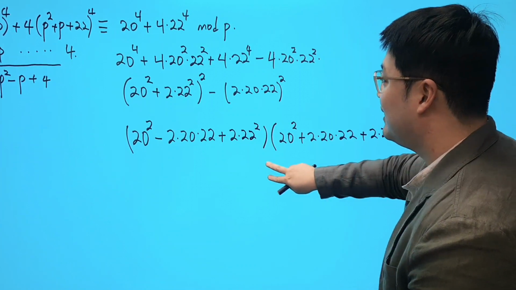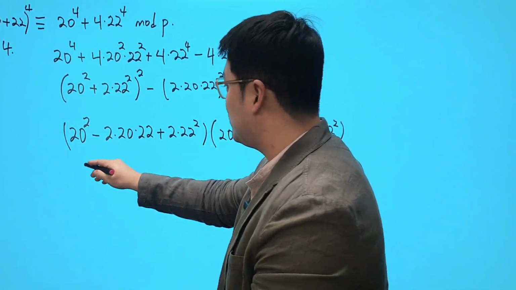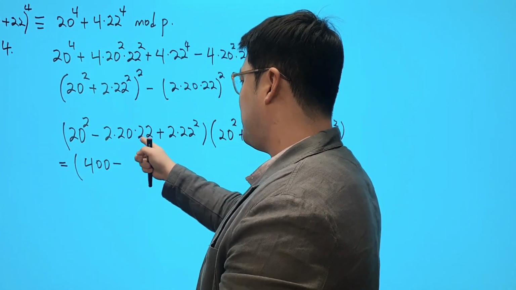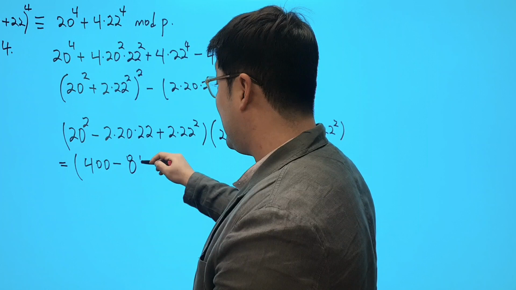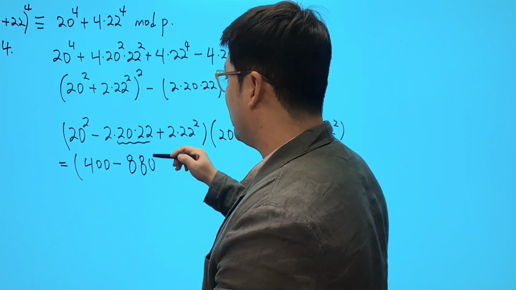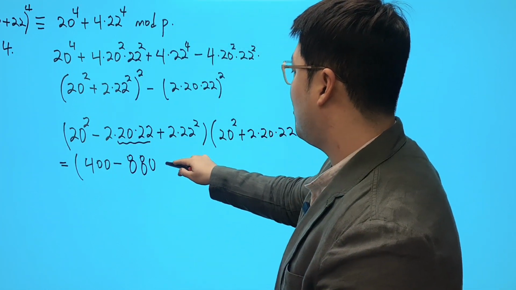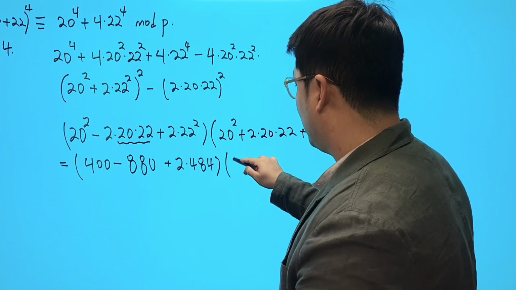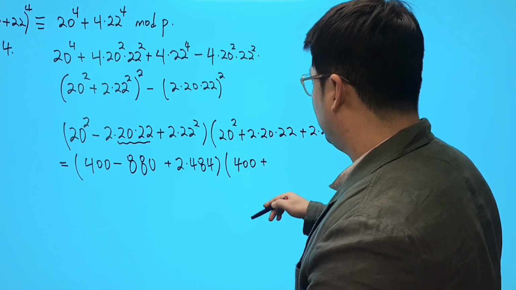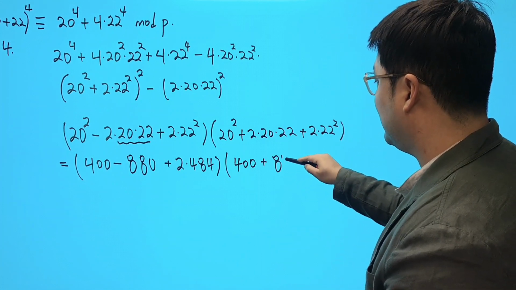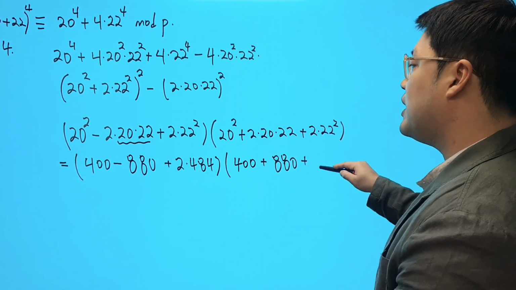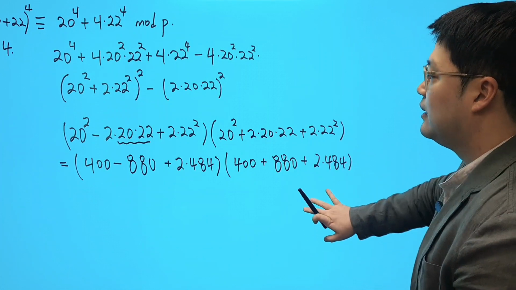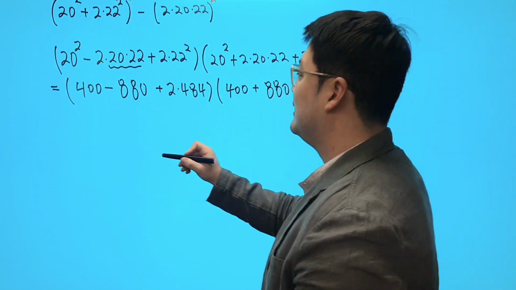Guess what? That turns out to be 400, and we multiply this out by 880, because that's 440, and we add 2 times 484. Whew, this is hard.